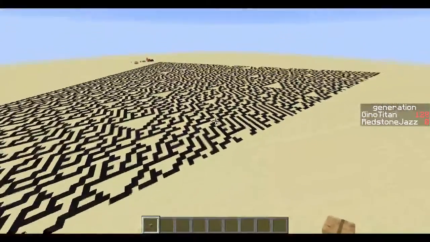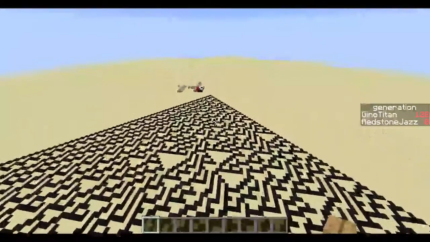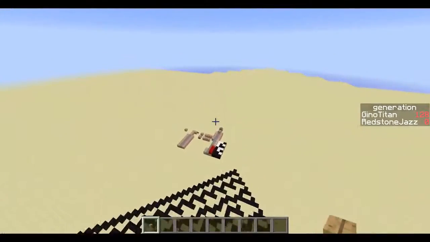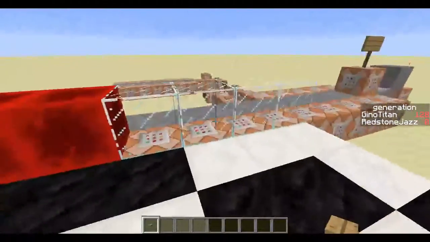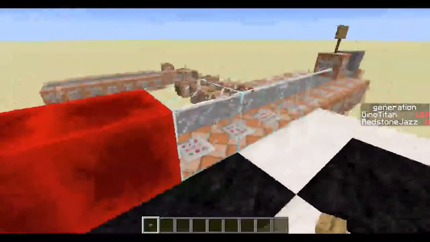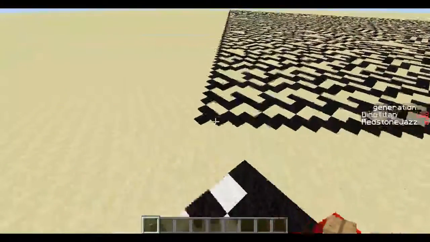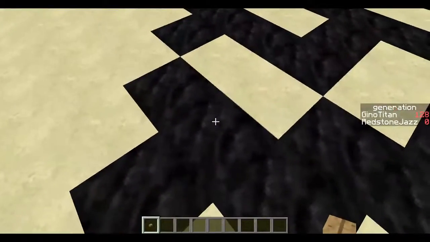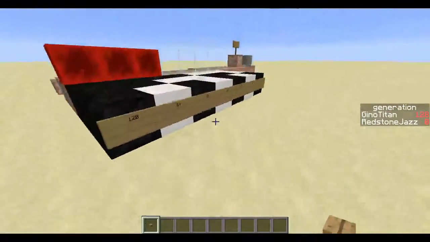many people would probably find this hard to understand. So, I'm going to assist you. Right, so I talked about this right here. So, this is going to determine whether this block becomes coal or should it stay as sandstone.